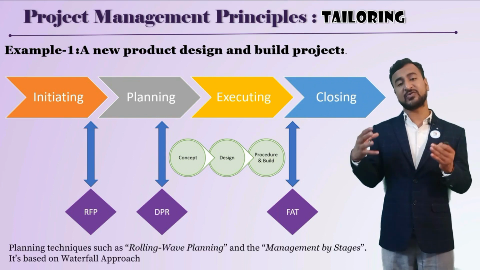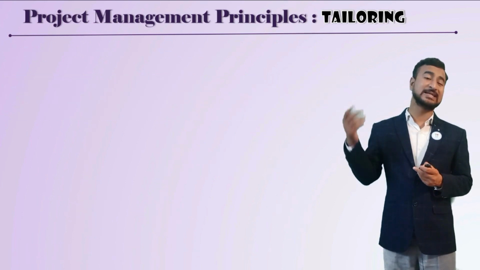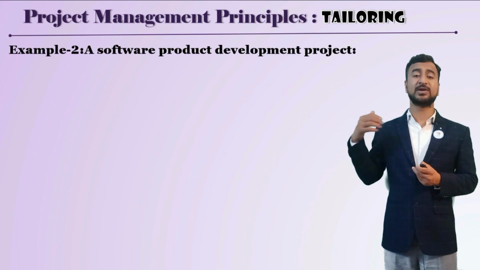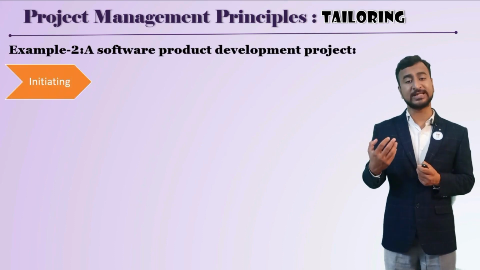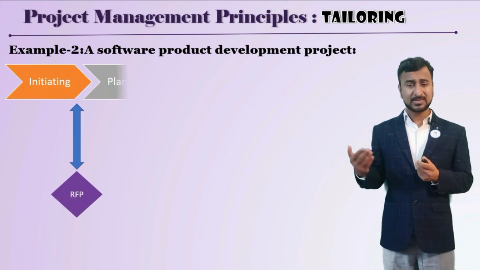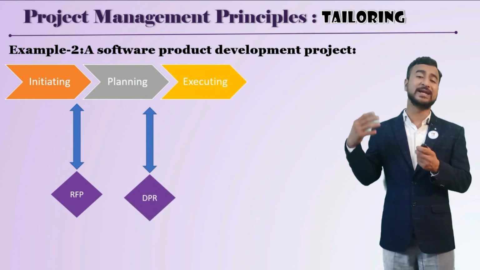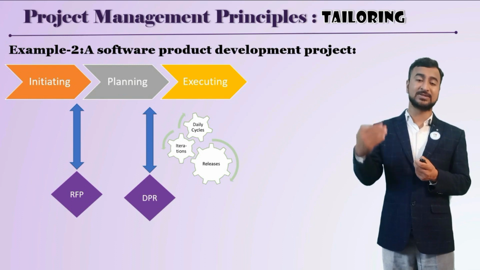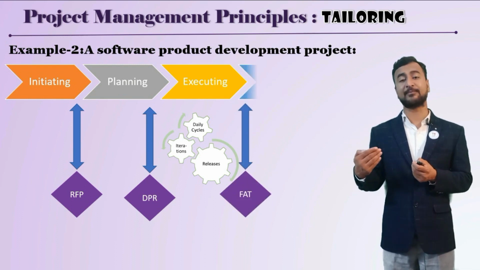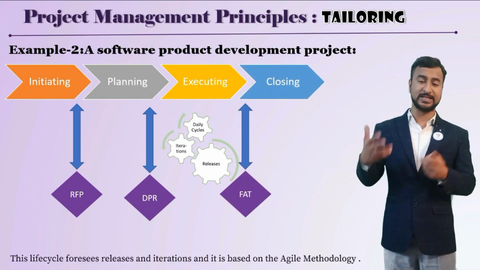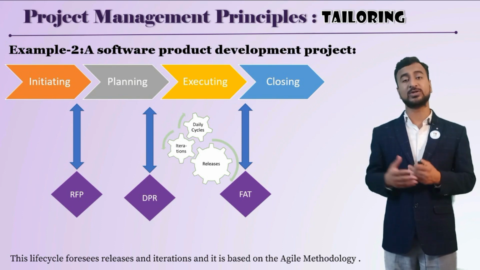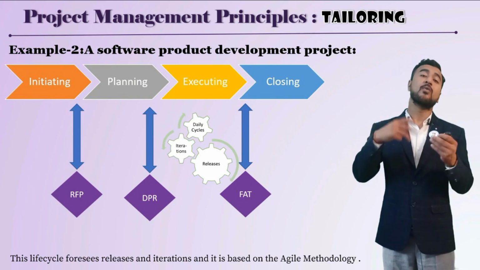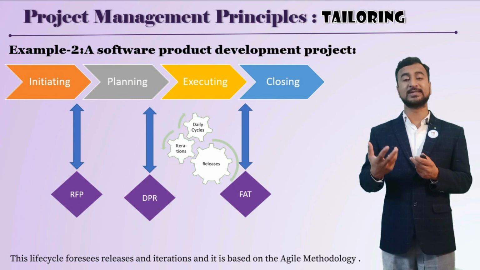So this is the traditional waterfall approach. In case 2, for a software development project, after initiation and planning you go with an iterative process. You can go with releases, Scrum, an Agile kind of approach that will give you a good result. So those are the different project management methodologies, based on what exactly your project and governance are.